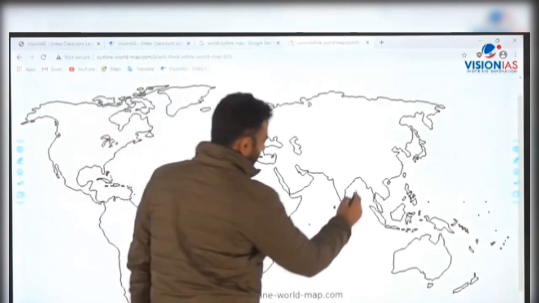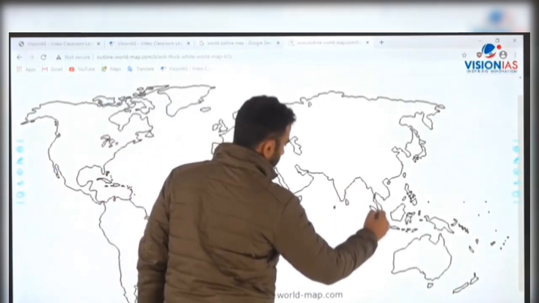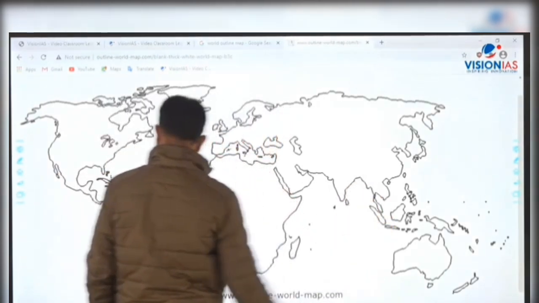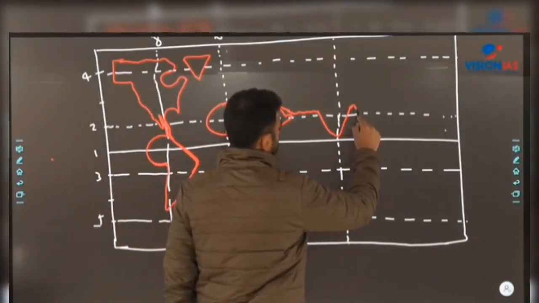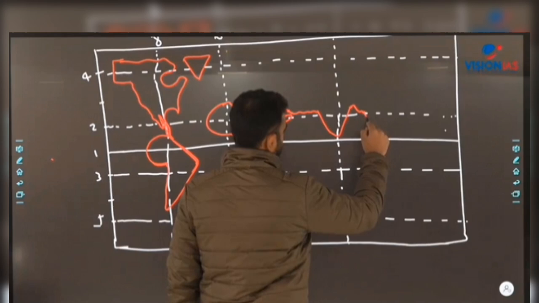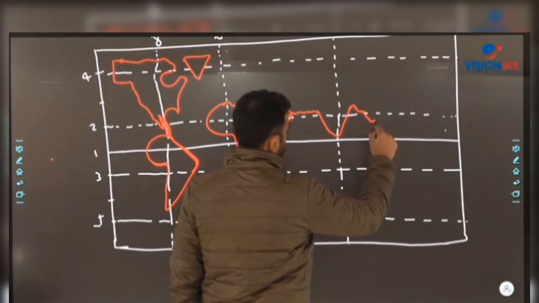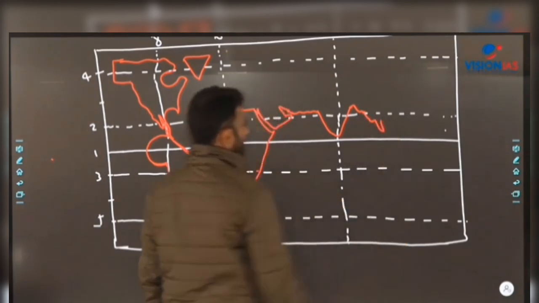So after India we have this entire Myanmar and then Thailand. Okay, this part, which comes like this, Myanmar and then Thailand.